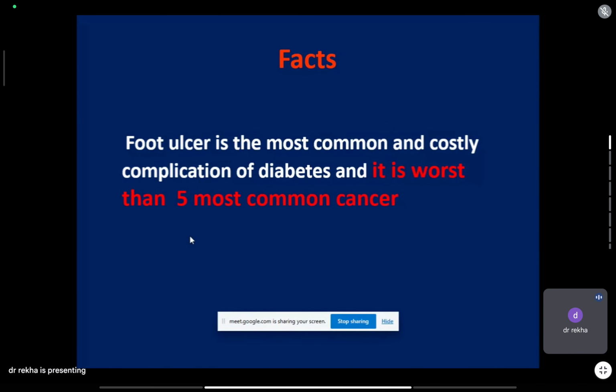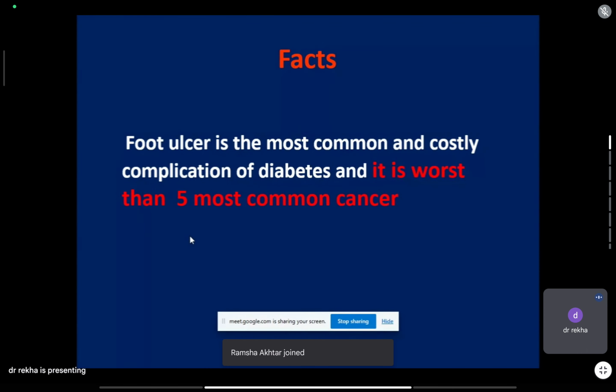So, what are the foot facts? The foot ulcer is the most common and costly complication of diabetes, and it is worse than the 5 most common cancers, like bladder cancer, breast cancer, colorectal cancer, and lung cancer.